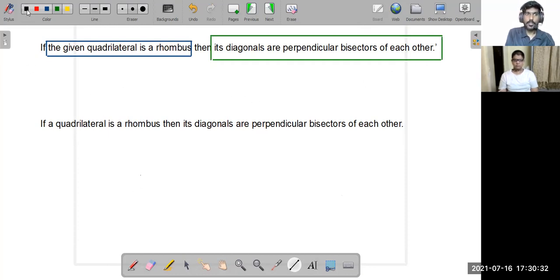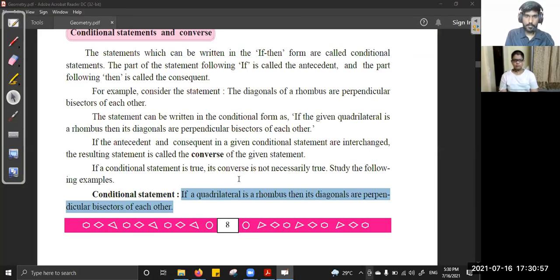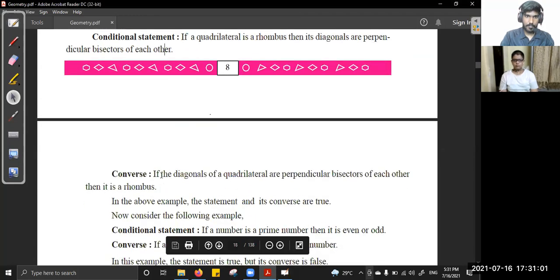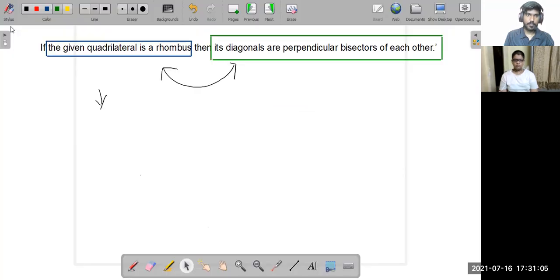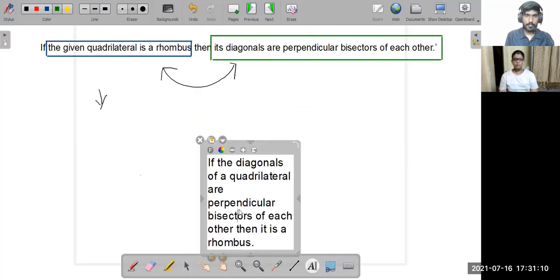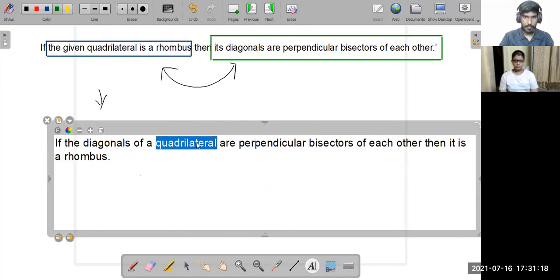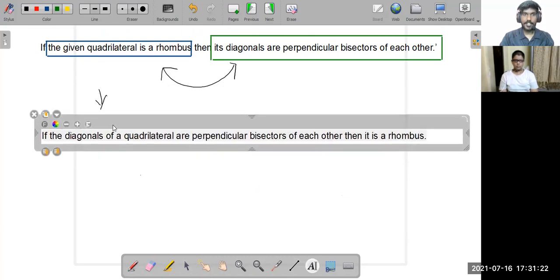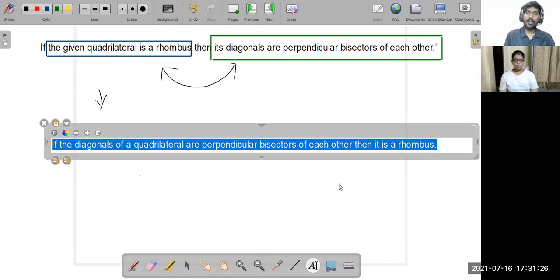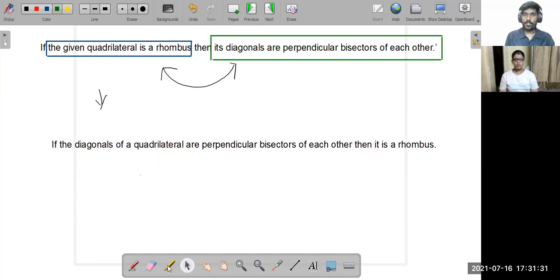Now, if you interchange the antecedent and the consequence and make a new, grammatically correct sentence, then a new sentence is formed.